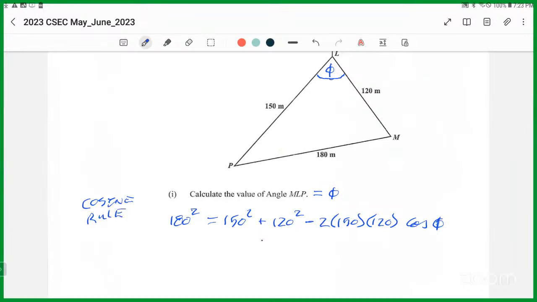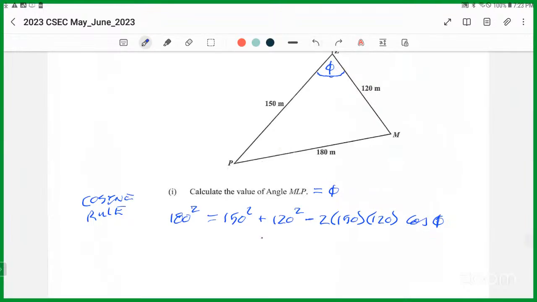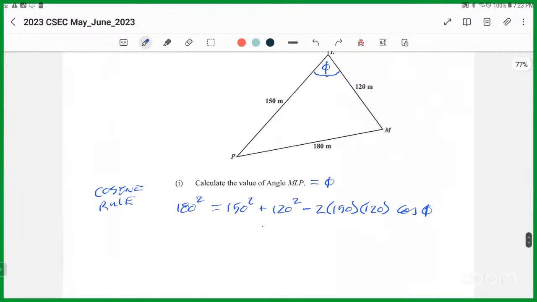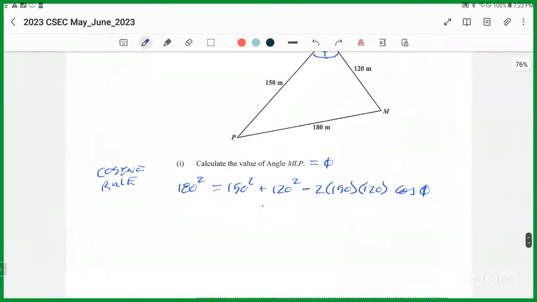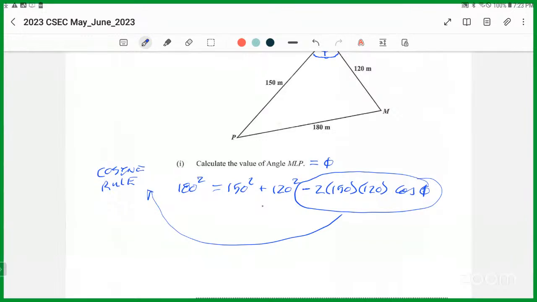And then you basically want to find this angle. You have to transpose. We can practice now and see the transposition of this whole thing. This comes over this side and becomes positive. This 180 squared comes over this side and becomes negative. Let me do it step by step.